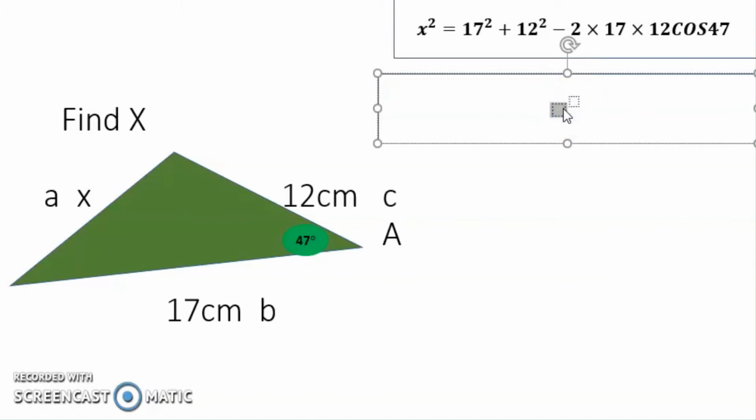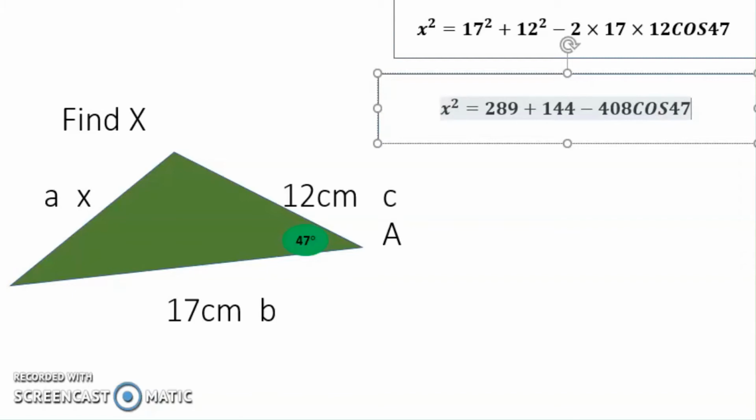So we are having x squared is equal to 17 squared, which is 289, plus 12 squared, which is 144, minus 2 times 17 times 12. 2 times 17 times 12 is equal to 408, minus 408 cos 47 degrees.